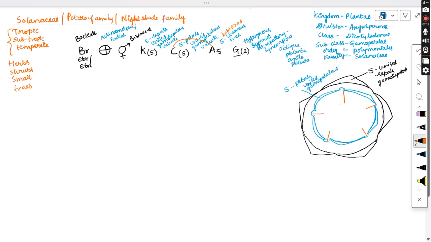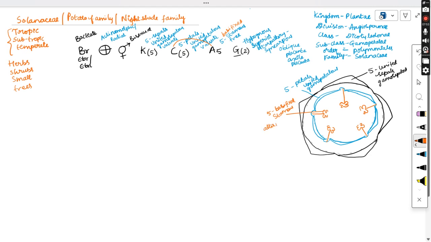So here I am just drawing. These are the dithecous type of anthers, and there is a special condition for these stamens. Till now we have seen different conditions like fused stamens, free stamens, and adelphous conditions: monadelphous, diadelphous, polyadelphous. But coming to the stamens present here, a total of 5 basifixed stamens are present and they are in free condition.